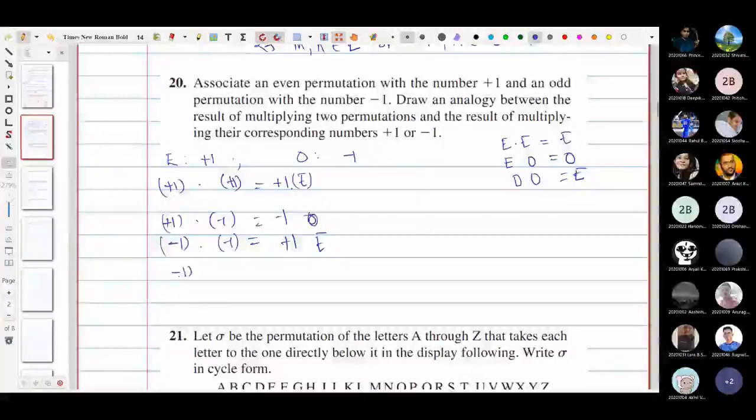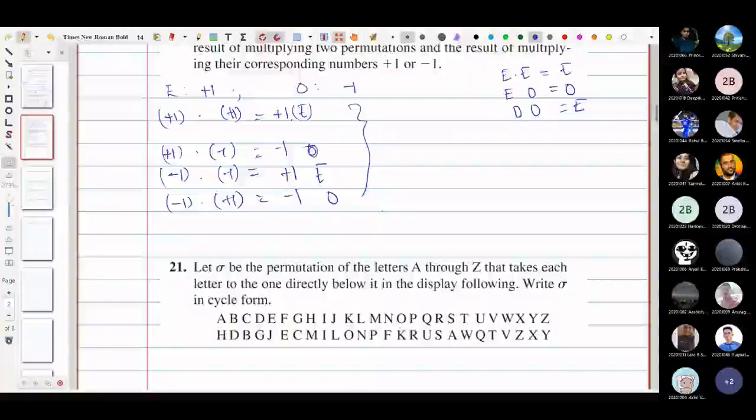And when we take -1 times +1, again we get -1, and this is an odd permutation. So this is the analogy we can draw from multiplication of even and odd permutations in terms of denoting +1 for even permutations and -1 for odd permutations.